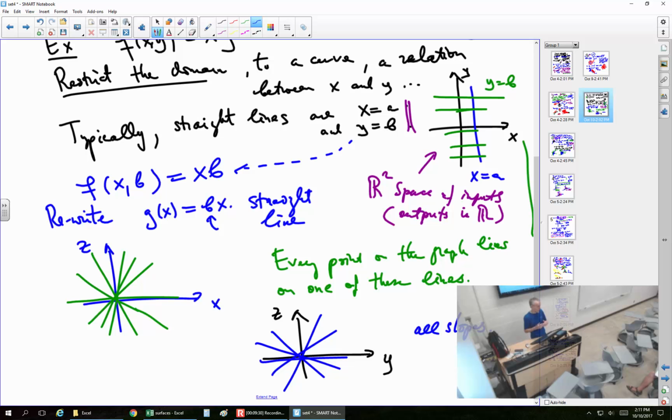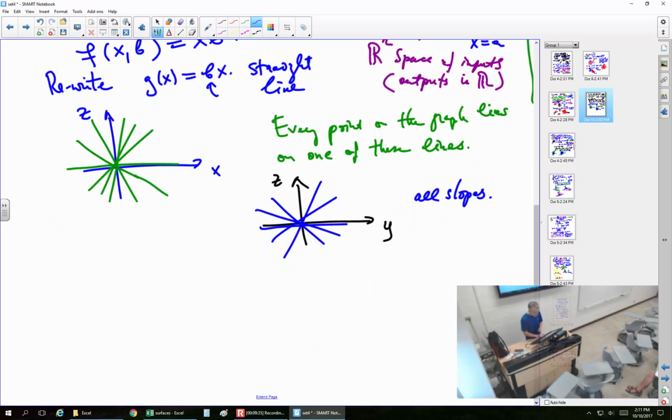Remember, we are limiting the domain. It means cutting the surface with a vertical plane. Suppose this is my surface right here, a three-dimensional thing, and I'm cutting it with a vertical plane.